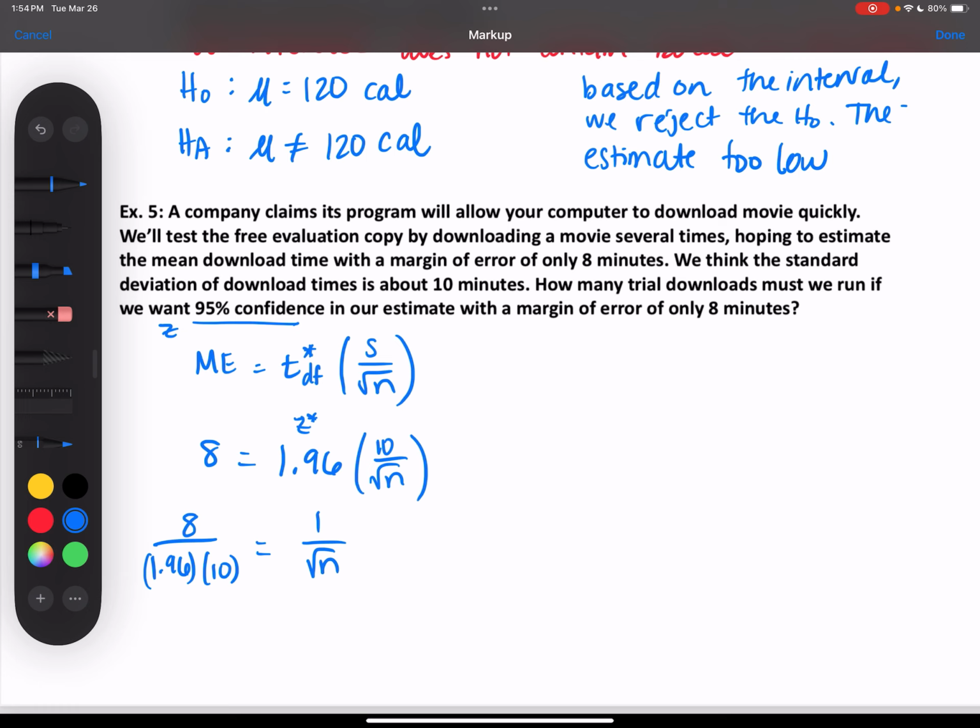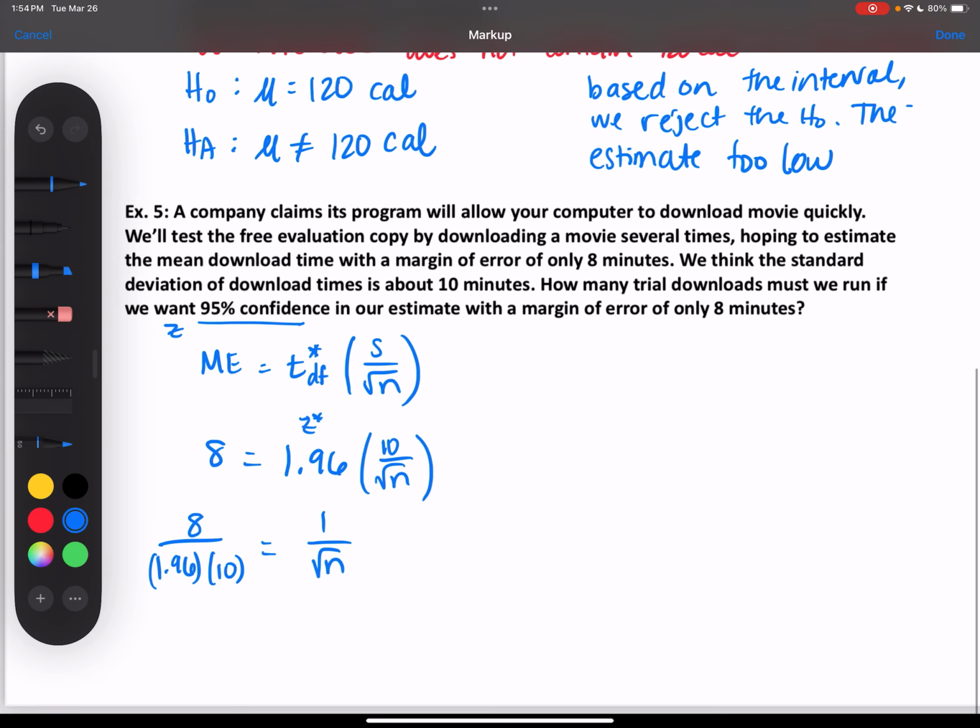I can flip both fractions and square both sides. So that's going to give me that n is equal to 1.96 times 10 over 8, squared.